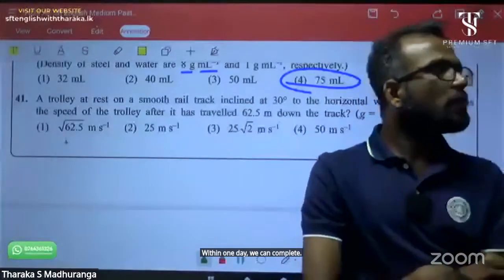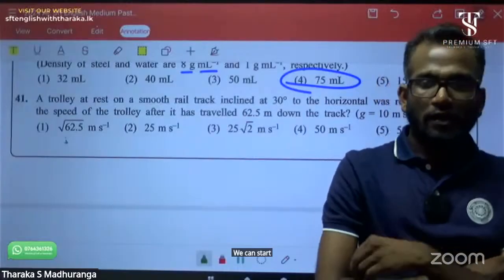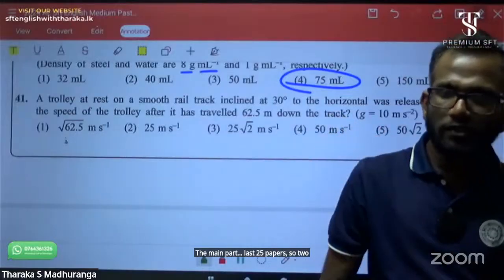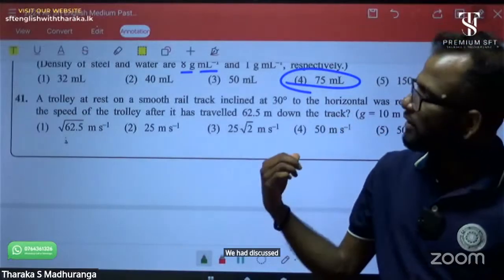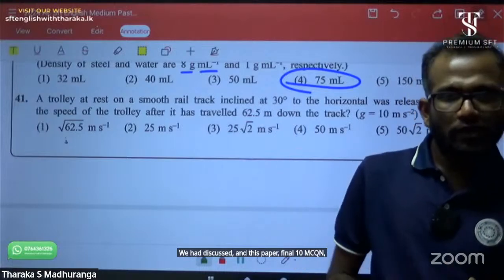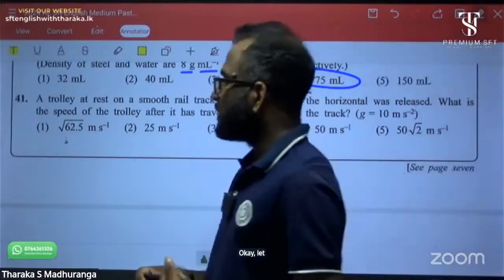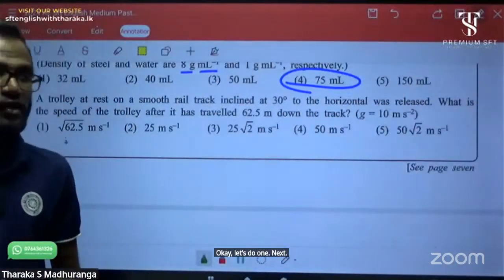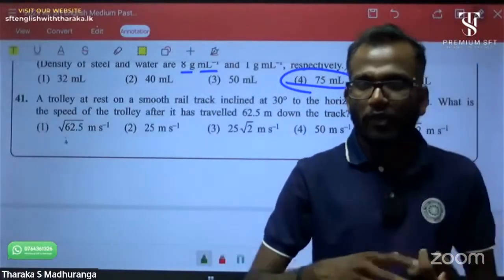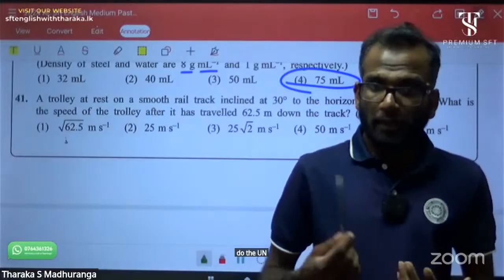Then we can start the remaining part: the last 25 paper, 2 physics questions we have to discuss, this paper's final 10 MCQs, and the rest of the structured and essay parts. Okay, let's do that next Wednesday. Then Sunday morning we can do your next exam, the model paper exam.